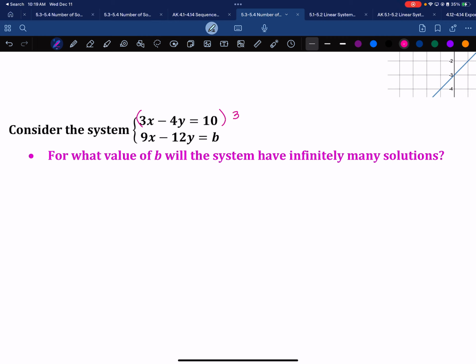So if we multiply that by 3, we would get 9x minus 12y equals 30, right? Because these are the same, b would have to equal 30.